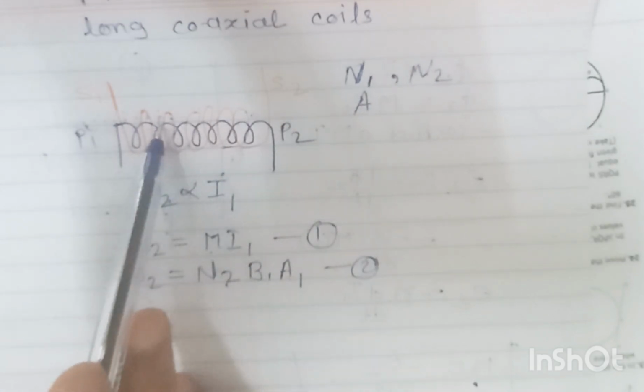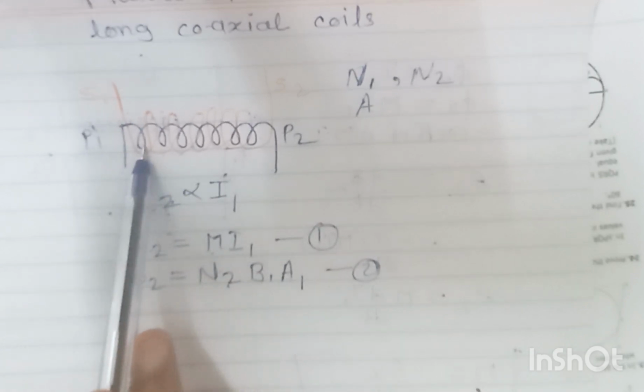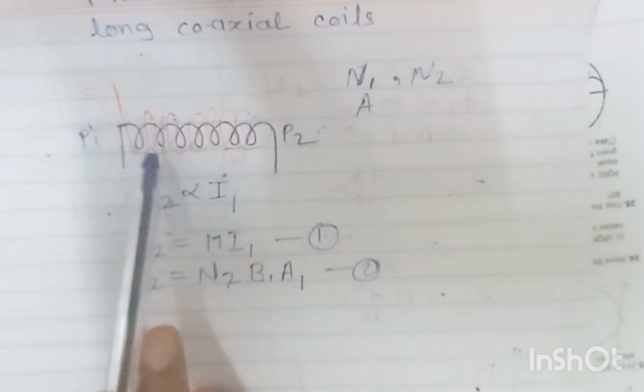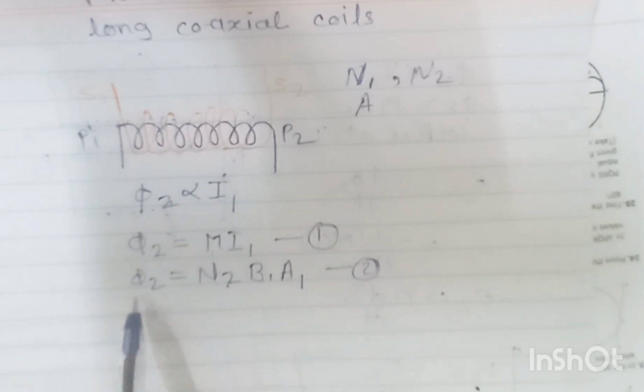The flux in the secondary, having N2 turns, is N2 into B1 into A1. Why B1? Because the magnetic field present in the primary is linked with the secondary. So flux is generated in the secondary due to the first coil: phi 2 is equal to N2 B1 A1.